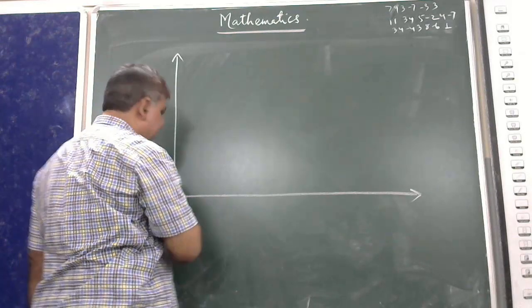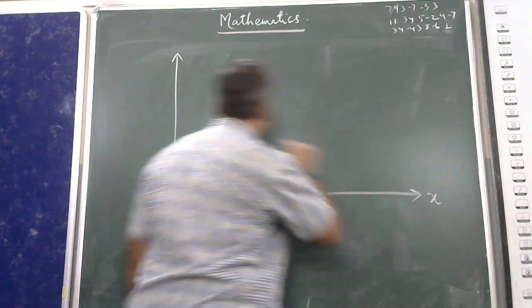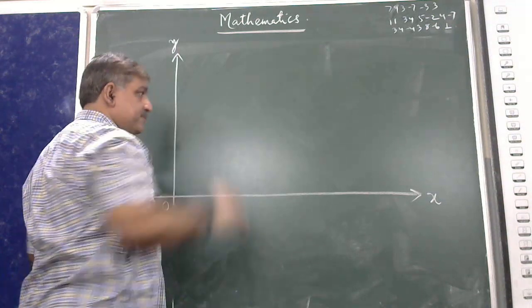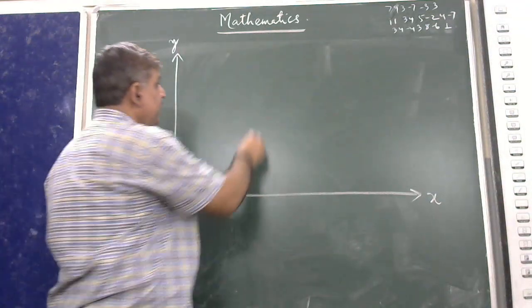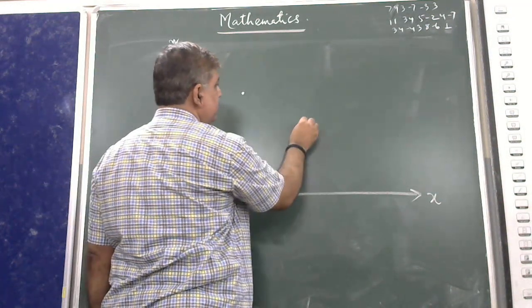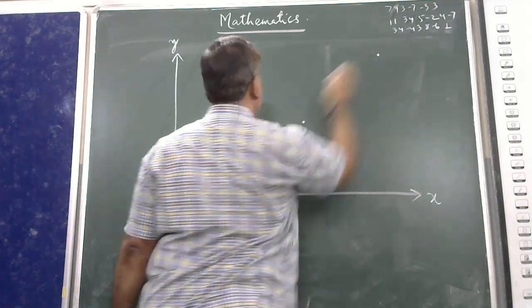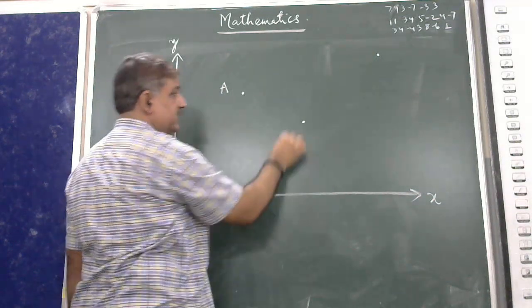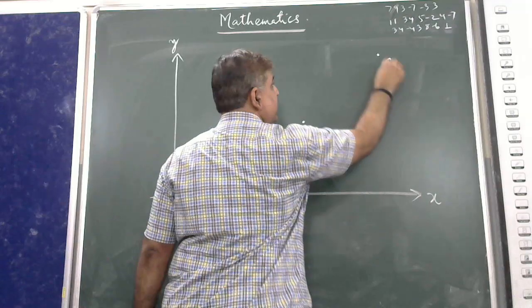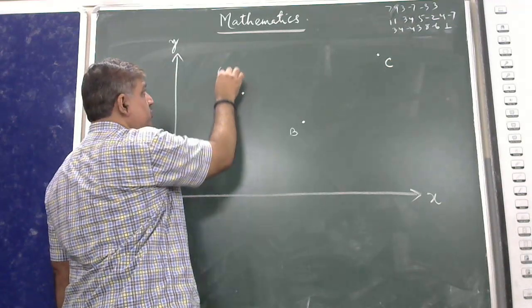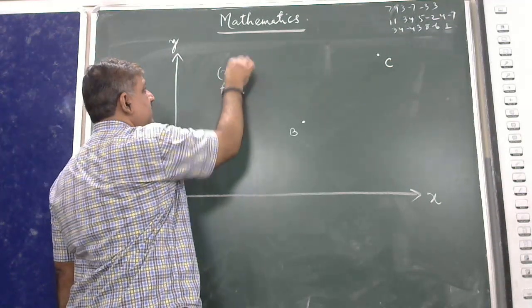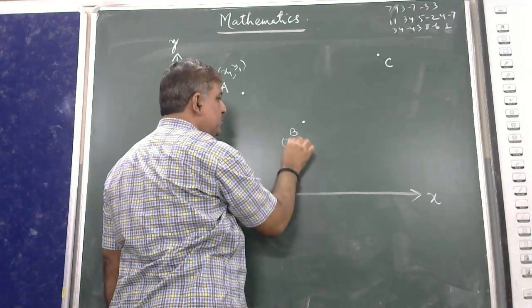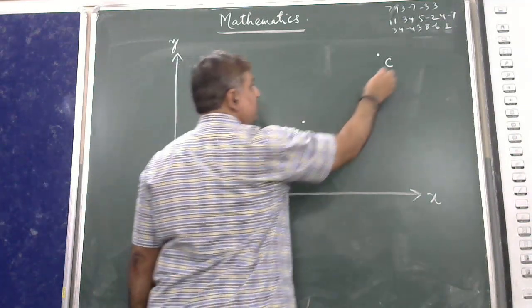This one is the origin, this one is the x-axis, this one is the y-axis. Now suppose we have 3 points, 1, 2, and then this one 3. This one is A, this one is B, this one is C. Suppose A has coordinates x1, y1, B x2, y2, C x3, y3.